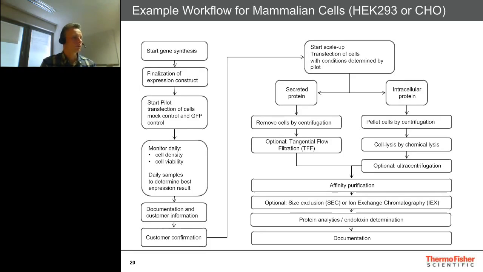Then we can filter the larger amounts of supernatant and apply that on the affinity purification column, because the first column is always an affinity purification like protein A or nickel. Sometimes that's good enough and we deliver the protein to you together with documentation, or optionally you can order a size exclusion, a second column.